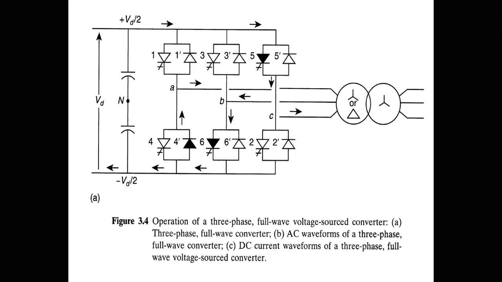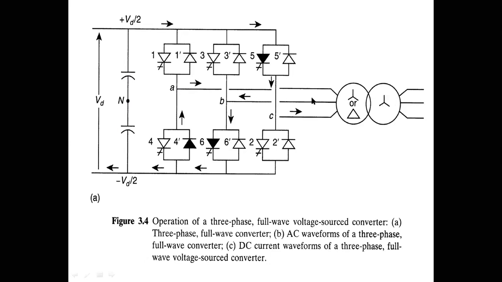And remember that we are expressing the A, B, C three-phase voltages with respect to the capital N, that is the midpoint of the capacitor. Actually, that is not existing. Practically, we consider only one capacitor and its neutral.